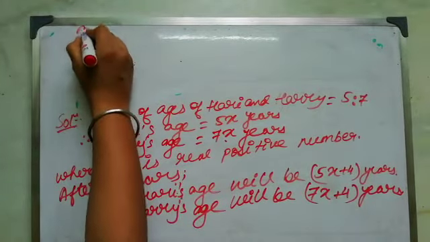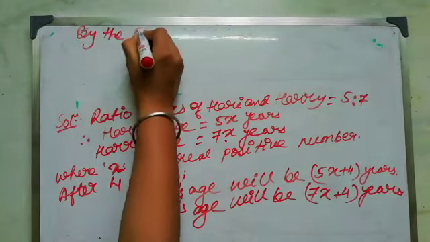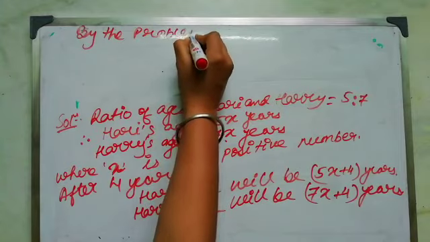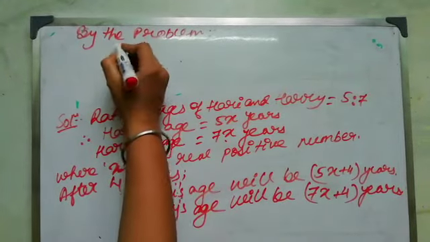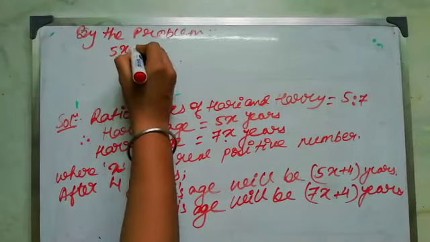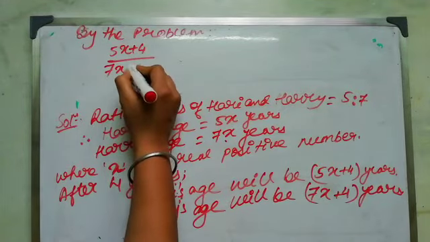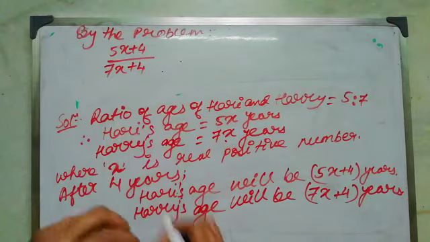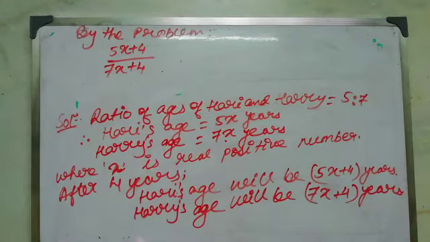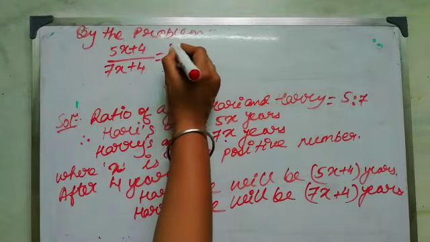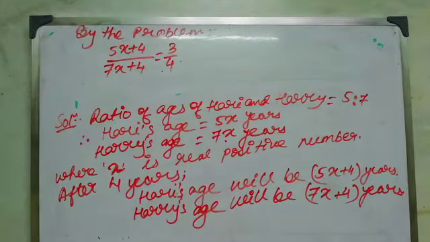Fine. So by the problem, (5x plus 4) by (7x plus 4) is the ratio of their ages after 4 years. In the question they are telling this is basically 3:4 or 3 by 4.